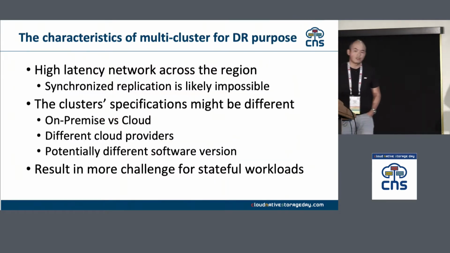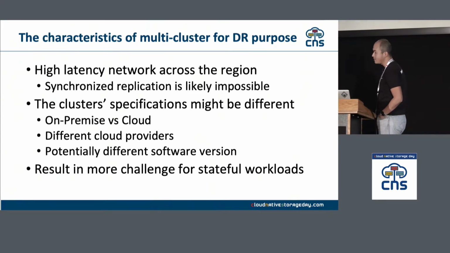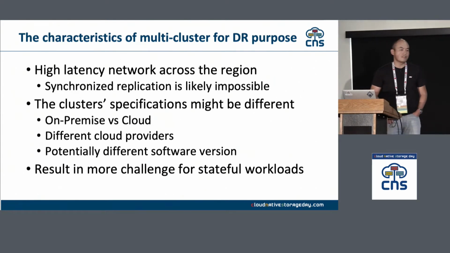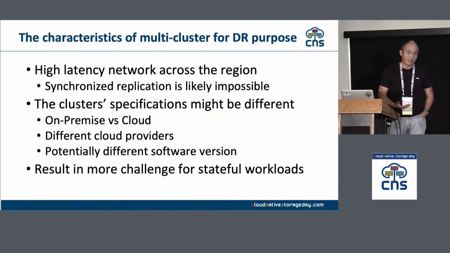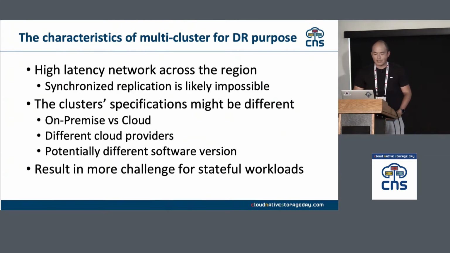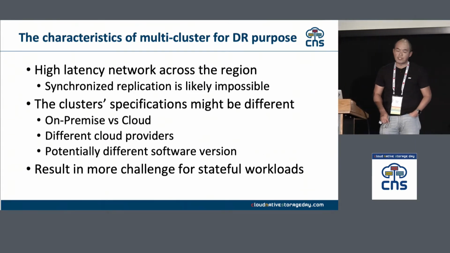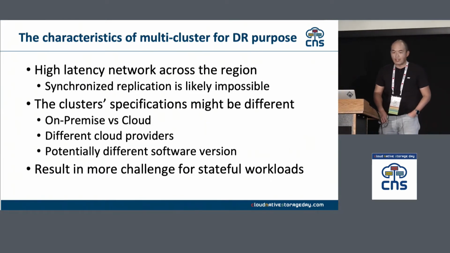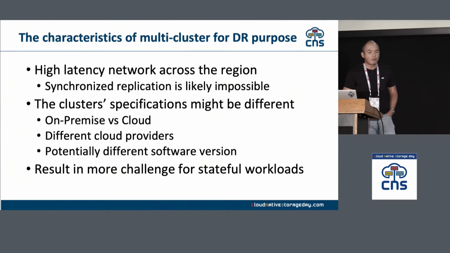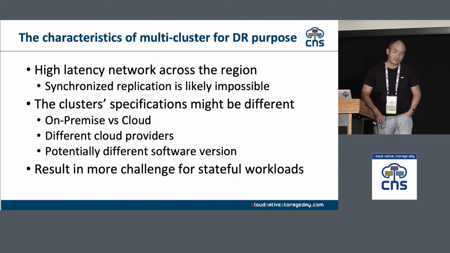And multi-cluster for the DR purpose on the storage part is hard. Many speakers before me already mentioned that, but I just want to emphasize why it's so challenging to do multi-cluster disaster recovery. It's most likely because of the high latency of the network, making it impossible for you to replicate data synchronously across regions. Another one is you probably can have multiple cloud providers, or even on-premise with the cloud.